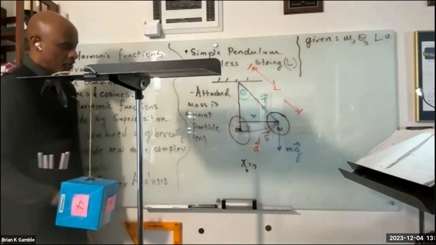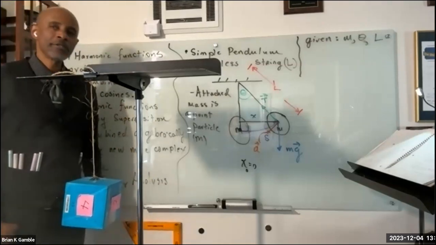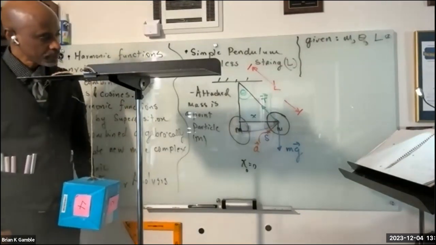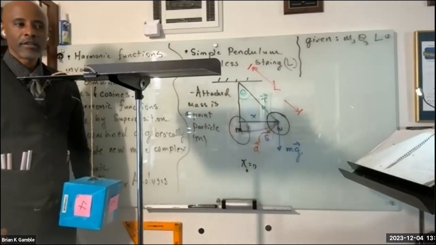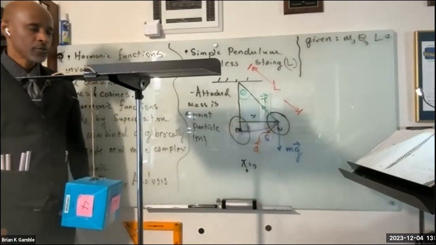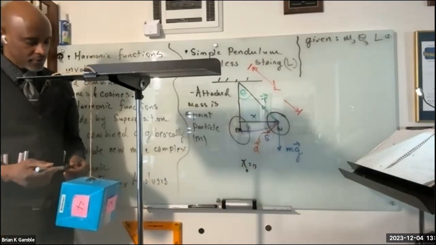Now, I've always taught you that whenever you're analyzing a system, you want to set it up so that there's one coordinate direction along the direction of the acceleration. So that rule still applies here.